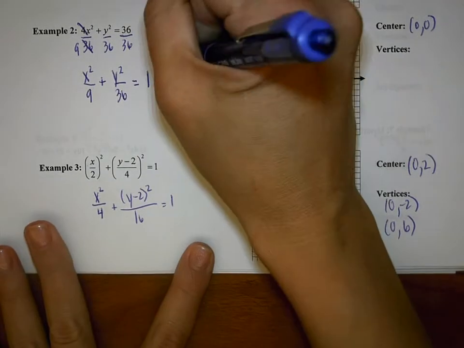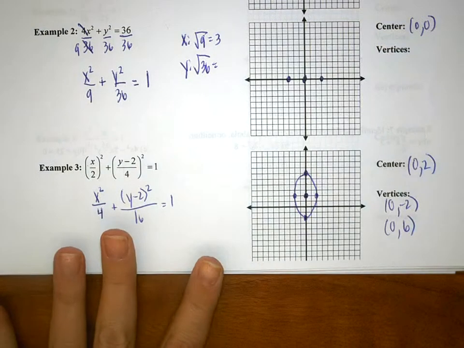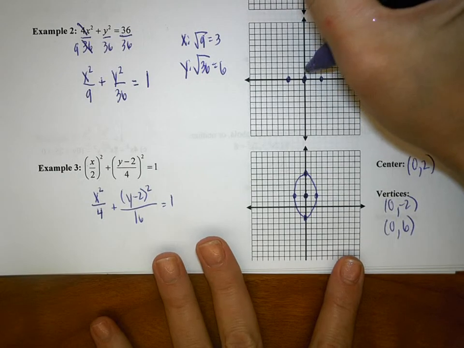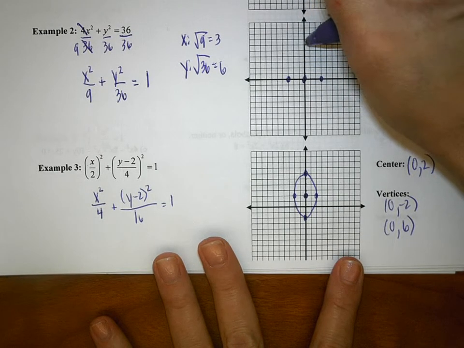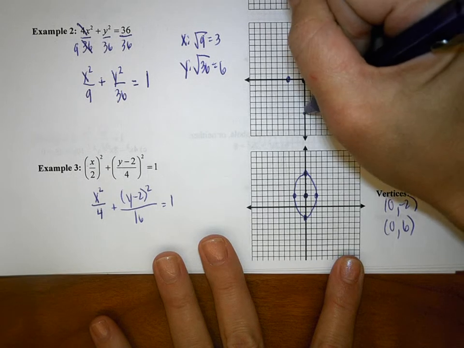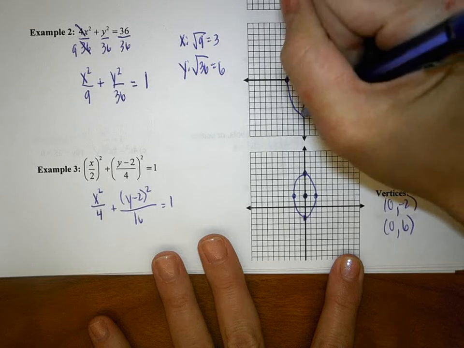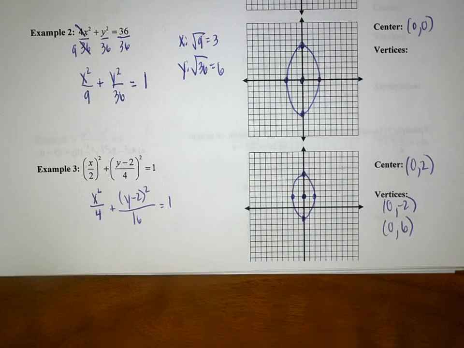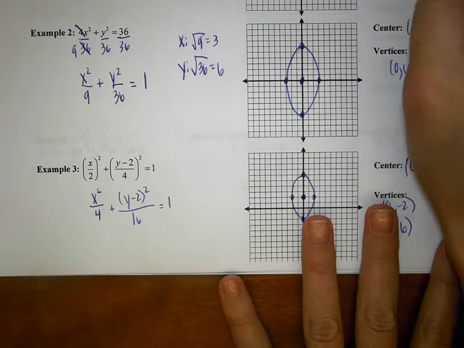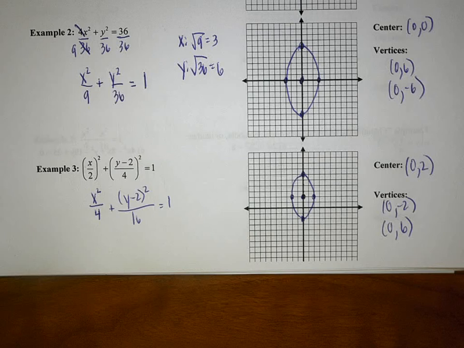For my y-axis, I'm going to take the square root of 36, which ends up being 6. So again, from my center, I go up 6, and then down 6. And then we can draw our ellipse. The longer side is the 6, with the y-axis. And so my vertices are 0, 6 and 0, negative 6. Pretty easy.